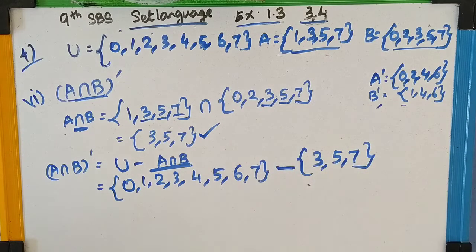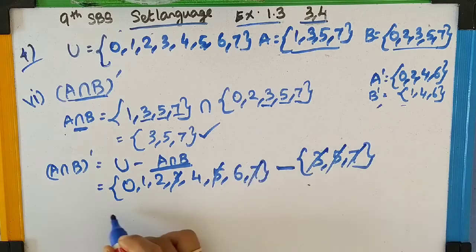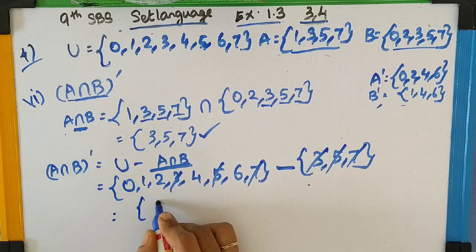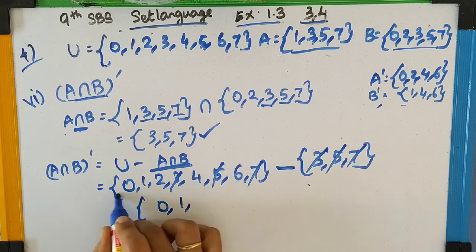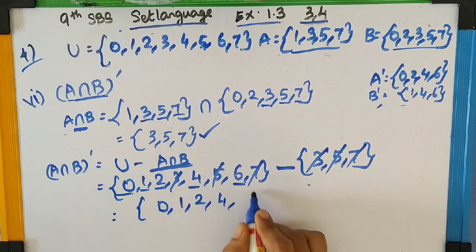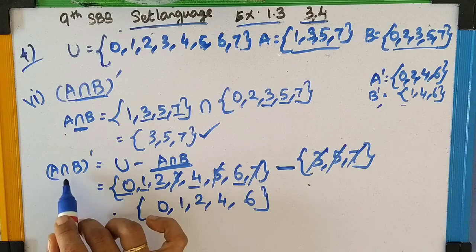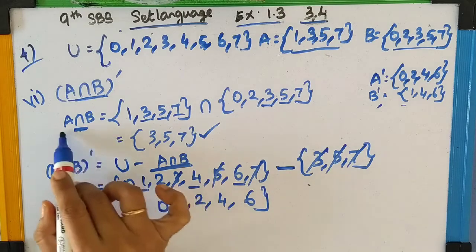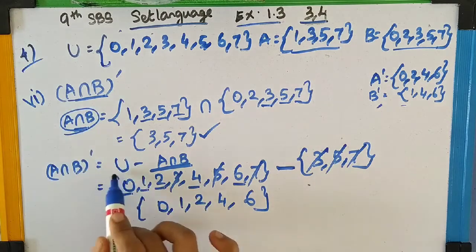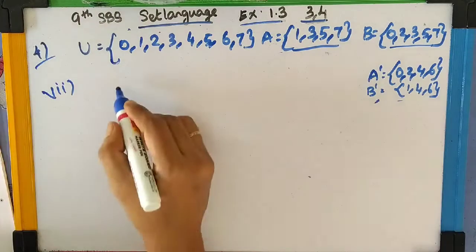How should we find the difference? Yes, we have to cancel all common elements and write the remaining elements of the first set, that is the universal set. What are the remaining elements? 0, 1, 2, 4 and 6. This is A intersection B the whole dash. For this we have found A intersection B and we have found the difference between universal set and A intersection B.